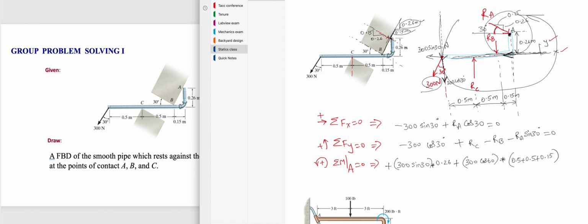Next comes RC. RC times, what is the distance between the line of action of RC and A? Isn't it this, which is 0.5 plus 0.15, and this is going clockwise.